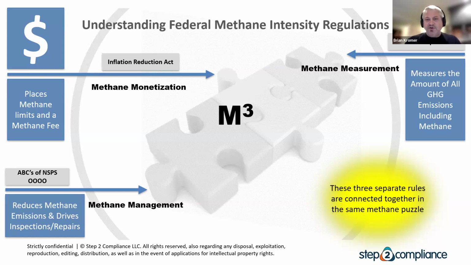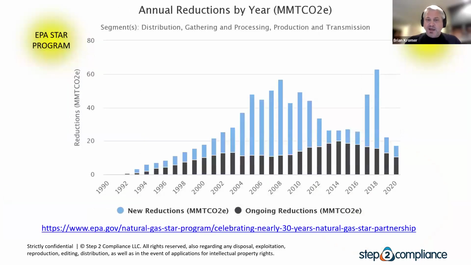It's targeting those that report their greenhouse gases, and those same people are performing inspections under the ABCs of Quad O. So I just want to keep the focus on how these three rules are working together and why that matters, because inspections that you're going to be doing under A or B of Quad O will support your greenhouse gas reporting, especially those that show no leaks.